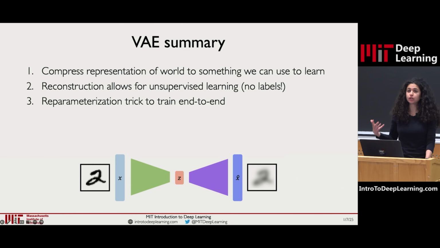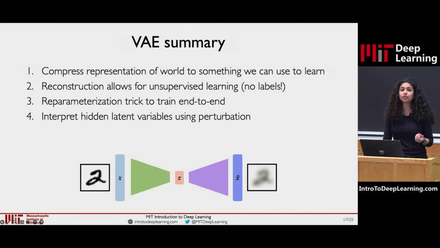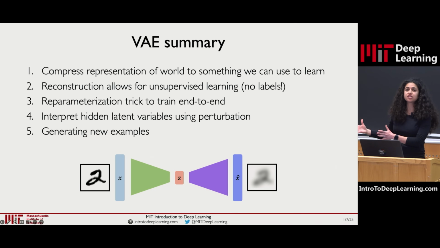We saw how we can use reparameterization to learn these networks end to end. And we also saw how these latent variables actually have key meaning corresponding to important and interpretable features in the data space we care about. And finally, by sampling from those latent variables, you can use the decoder portion of the network to generate brand new instances of your original data space.